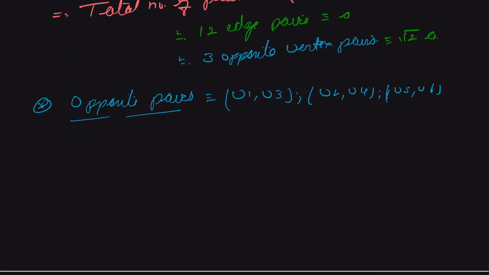And because we are going to make some arrangement, let us assume that V1, V3 and V5 have positive charge, and V2, V4 and V6 have negative charge. So the protons are placed at V1, V3 and V5, and the electrons are placed at V2, V4 and V6.